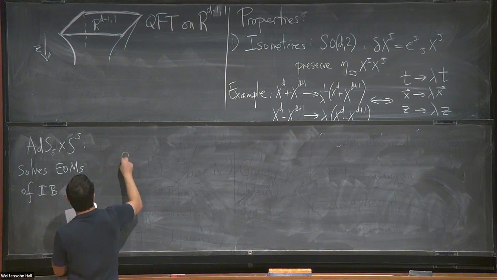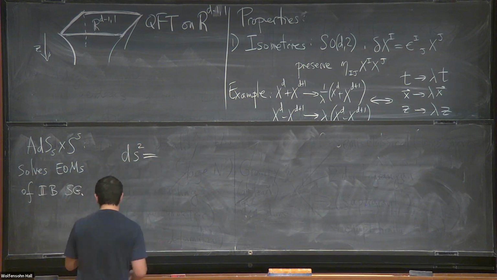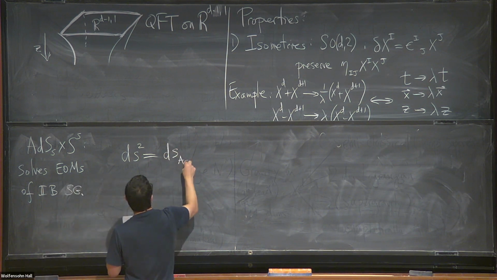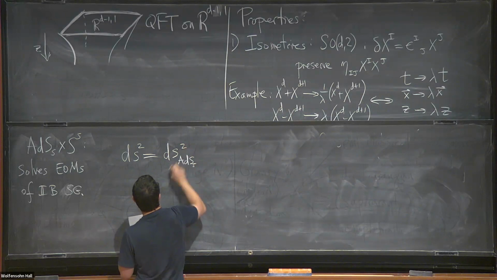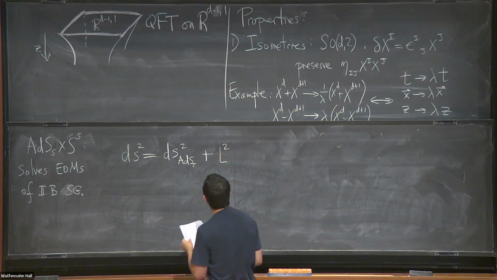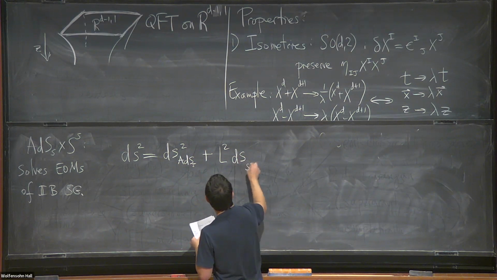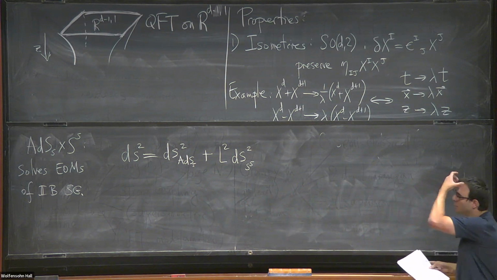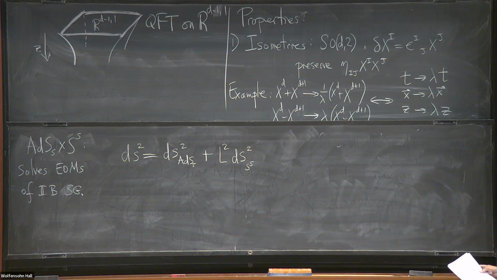Well, there are other fields, but the important part is that there's a 10-dimensional metric, which is the AdS5 metric. And then there's a 5-sphere, also of radius of curvature L. So the metric is just the sum of the metric on AdS5 and the metric on S5.